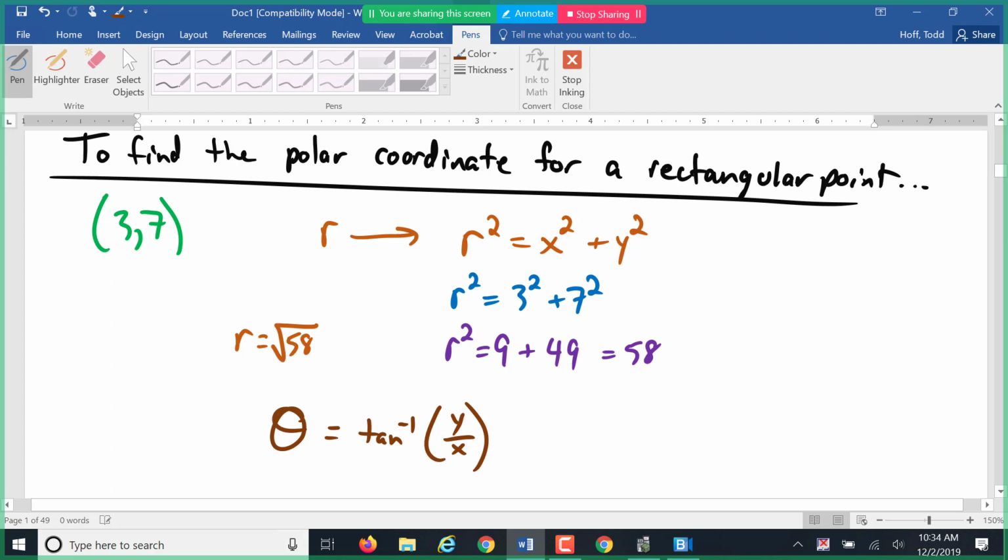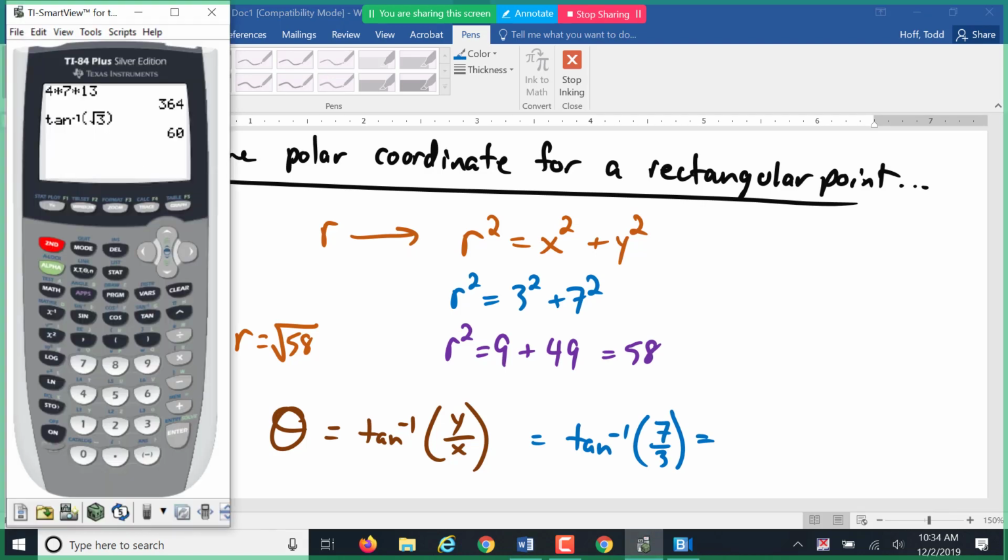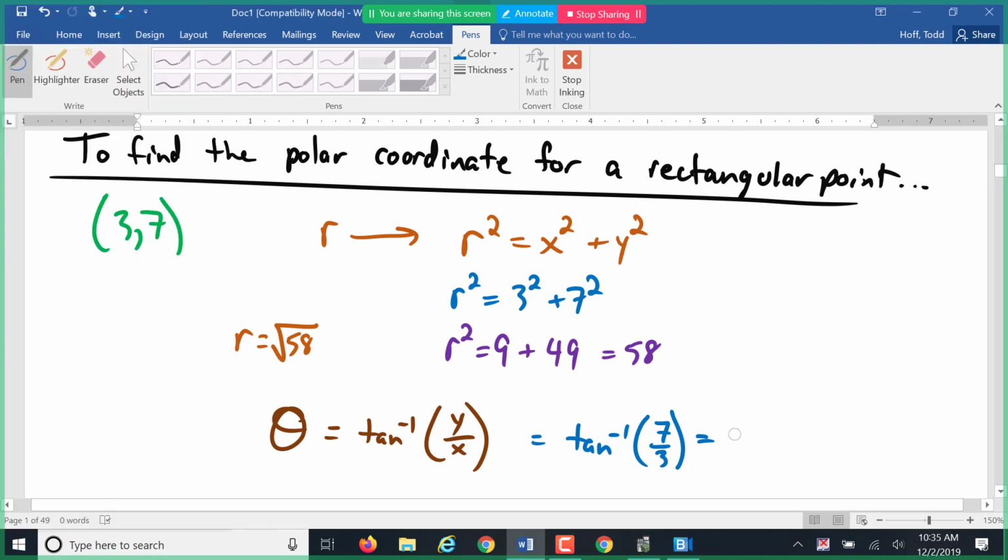If it's in a different quadrant, we have to use reference angles to find that. So here, this is going to be the inverse tangent of 7 over 3, which will be 66.80 degrees. Typically, I'll go to 2 decimal places on angles, or we'll go to radians.